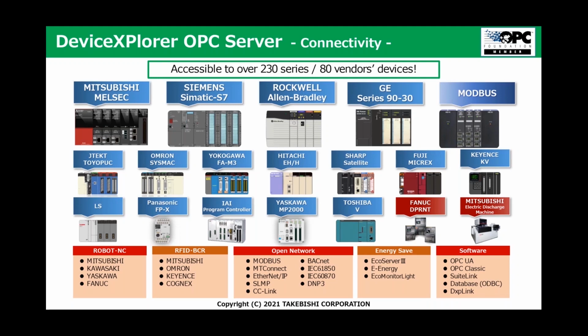It also supports open networks like BACnet, IEC 61850 or 60870. So it is really a long list of products that are supported. This list is available via Iconics, but this is just a general overview.